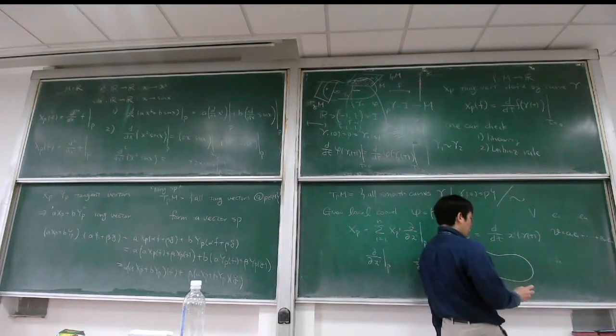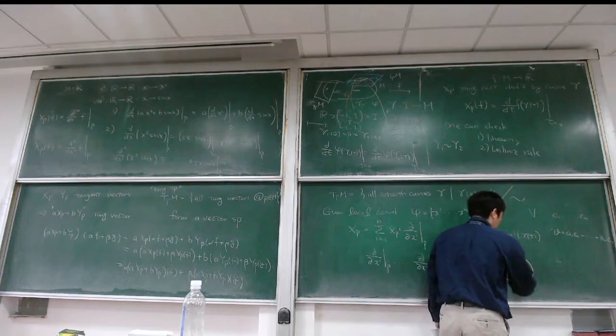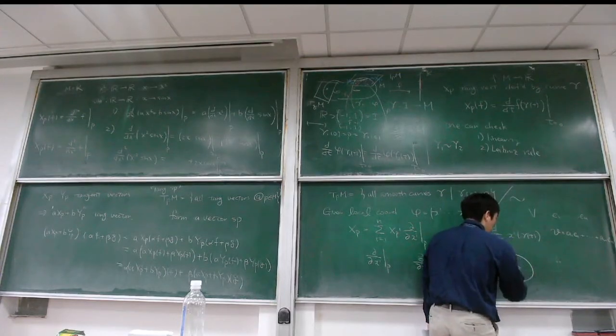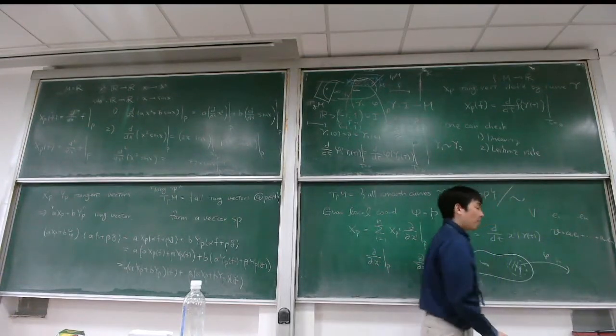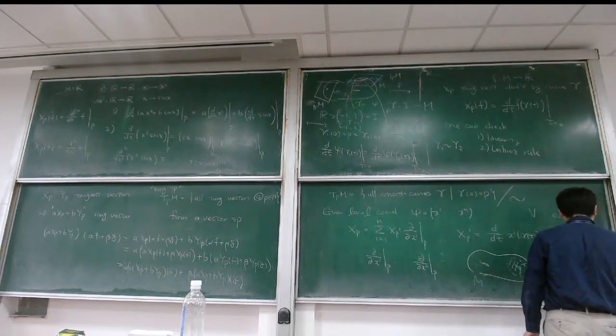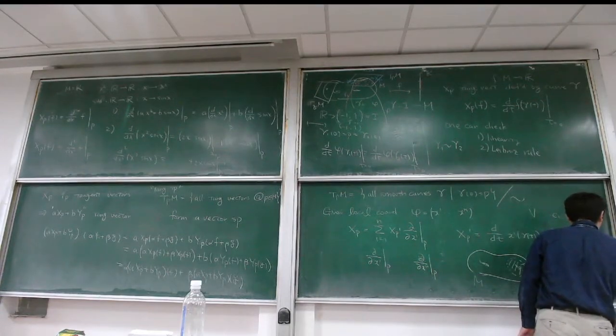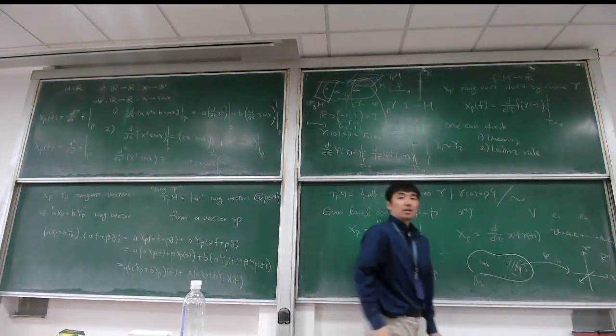So let me write down an example. Gamma, so this is M, and you pick a point P, and you have an open local chart mapped by phi, which goes inside R^n, with coordinates x1 up to xn.